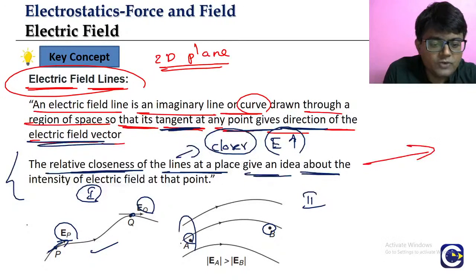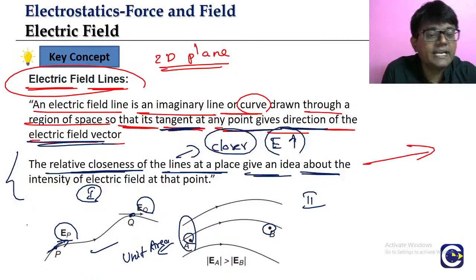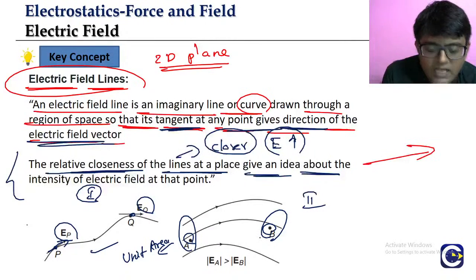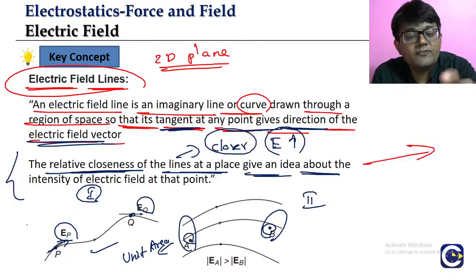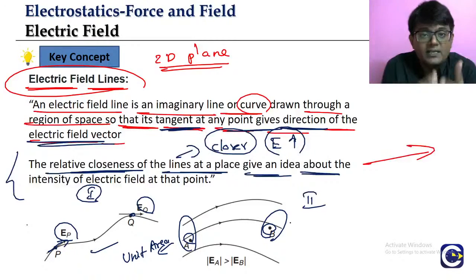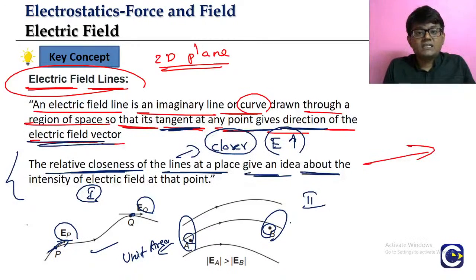Look, if you draw a unit area, an area of 1 unit, 1 meter square in SI units, you see that more field lines are going through A. At point A we have more field lines going through. For the same area, fewer field lines are going through point B. So the conclusion is: when the lines are closer, the electric field strength is high. When the lines are far away, the electric field strength is less.